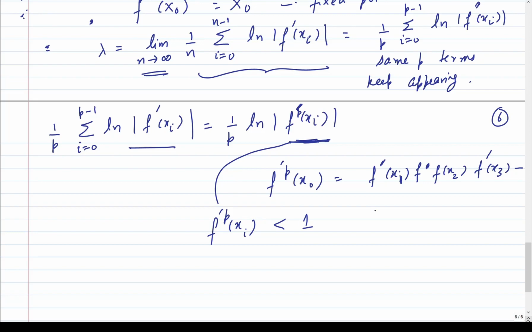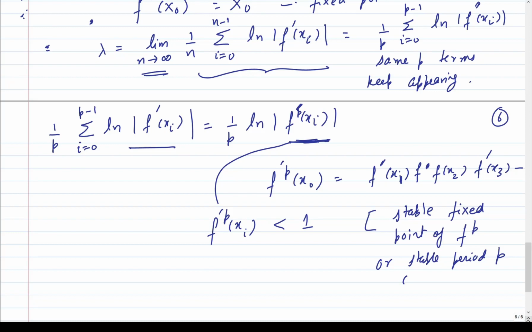Why am I asserting that? Because remember, this was a stable fixed point of f^p, or in other words, a stable period p orbit. Remember how the period doubling occurs? This thing will lose stability and then period doubling will occur.